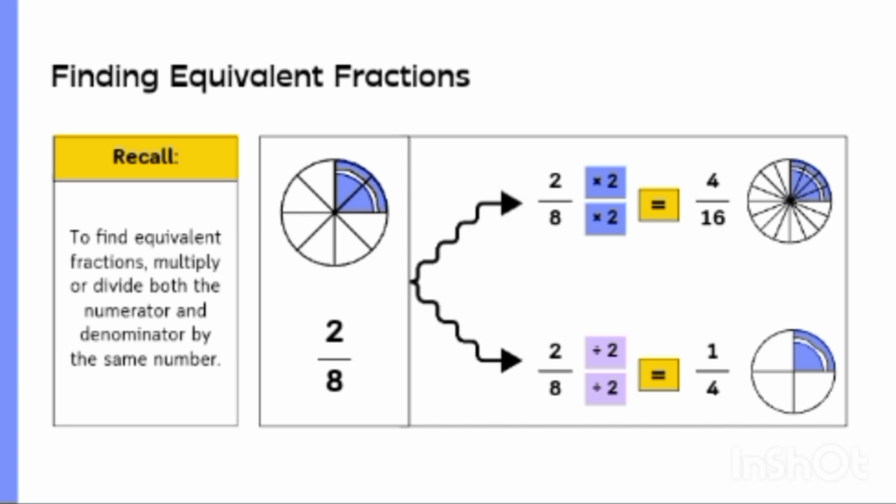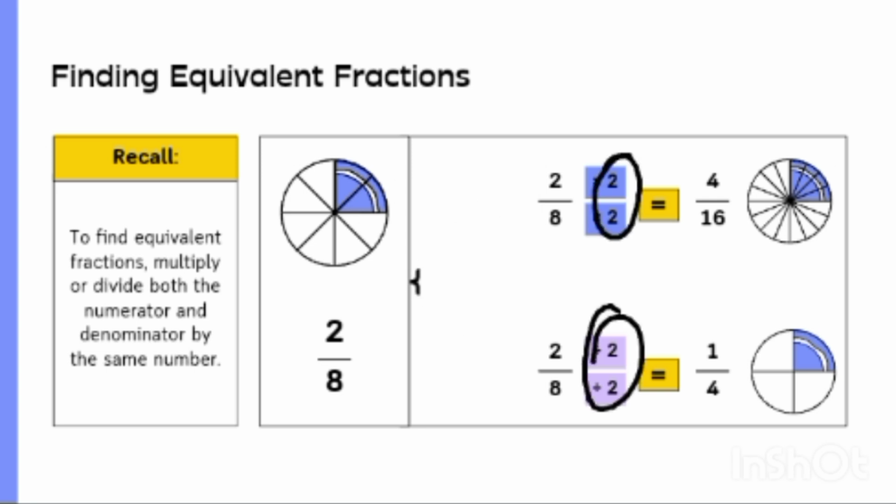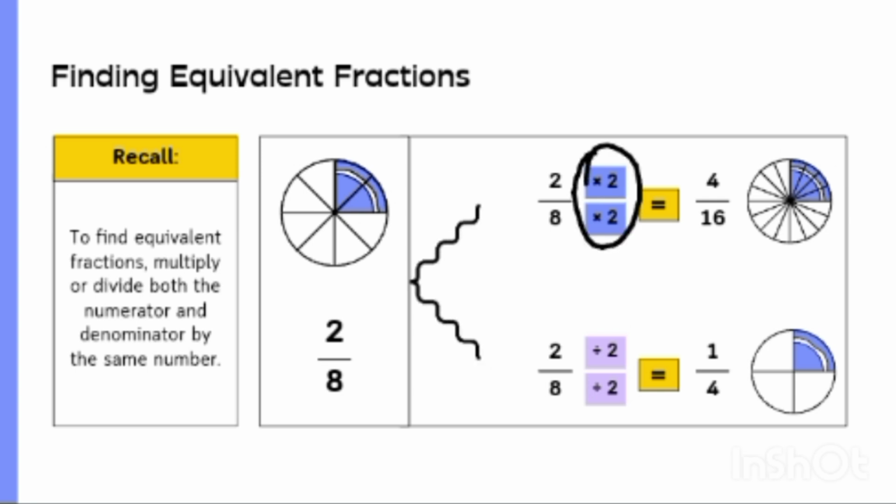Like over here, this is a fraction which we are going to find the equivalent of. We can multiply or divide with the same number. Firstly we multiply with 2, and then we divide with 2, the same number.